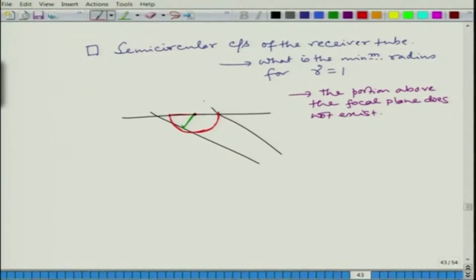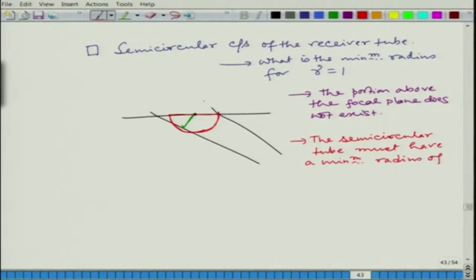Okay. So, here the semicircular tube must have a minimum radius of the shorter side of the cone intercept.